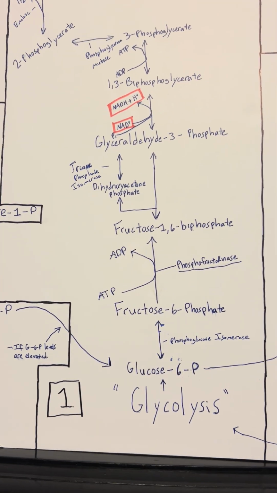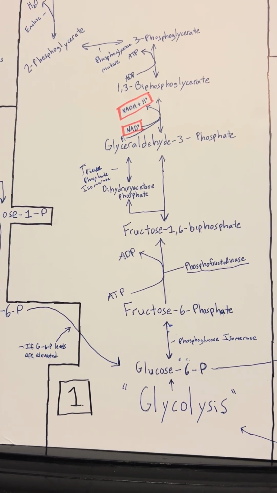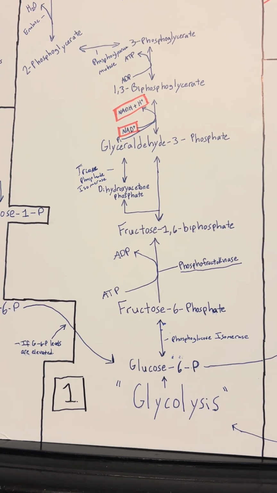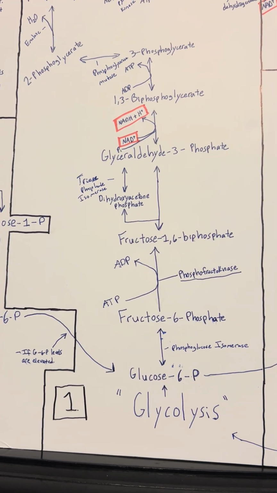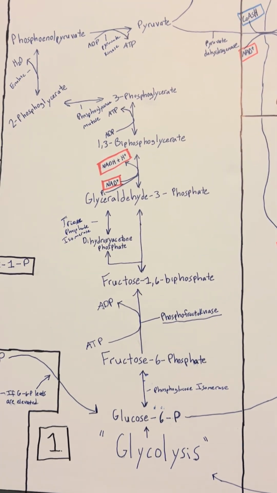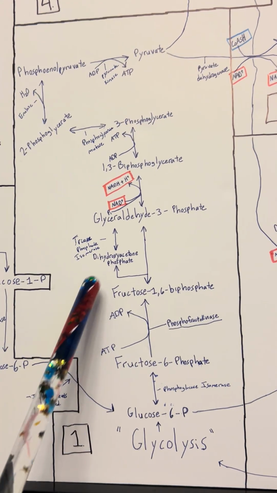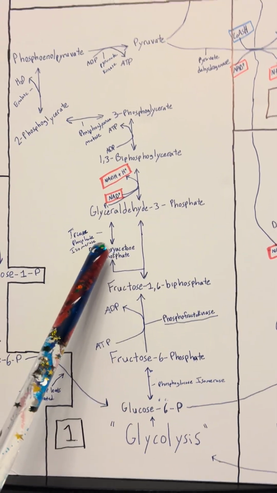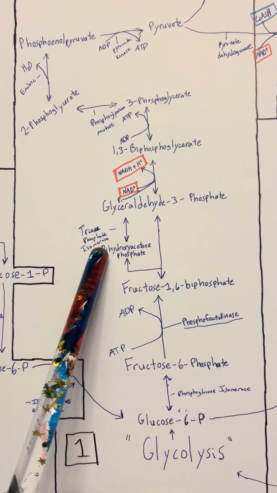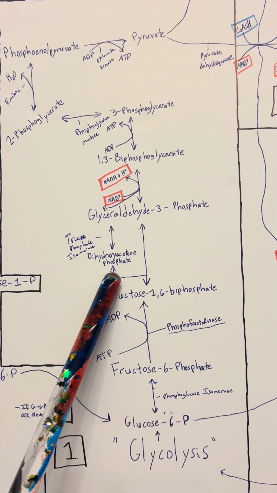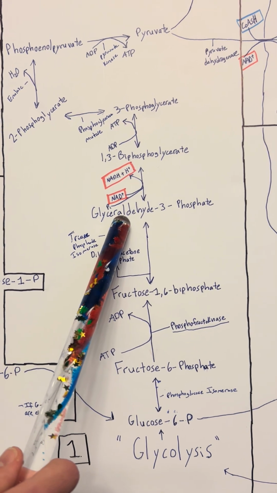And then we have aldolase, which splits fructose 1,6-bisphosphate into 2 3-carbon molecules, which would be glyceraldehyde 3-phosphate and dihydroxyacetone phosphate. Triose phosphate isomerase converts this dihydroxyacetone phosphate into glyceraldehyde 3-phosphate.